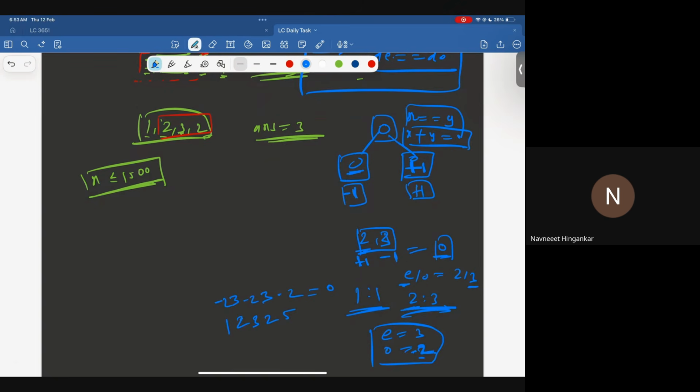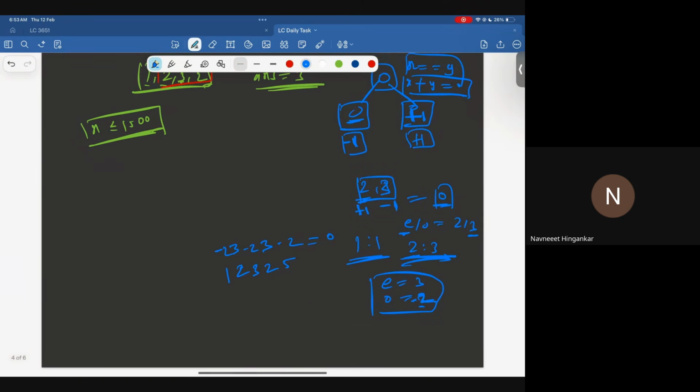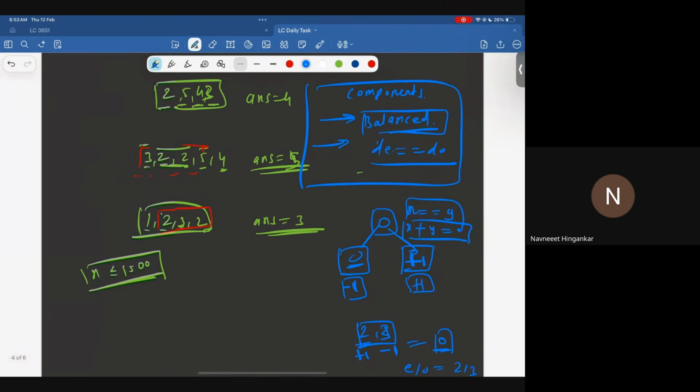So you just need to replace those numbers with that ratio. And how to do it, you can use this trick: just multiply cross. E into 3 is equal to 2 into O. So this should be the factor with that. You can play around with this concept. This is the one component.